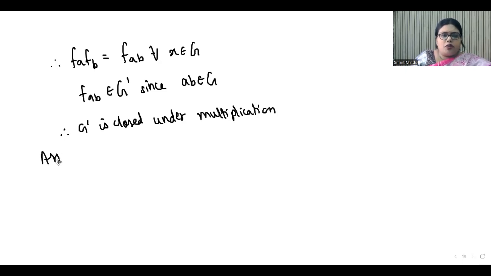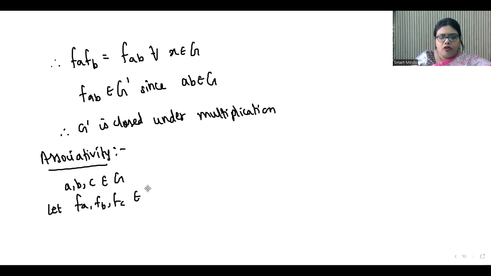Now we need to show associativity. For associativity, you need three elements A, B, C belongs to G. Let FA, FB, FC belongs to G dash. That means FA into FBFC is equal to FA into FBC.